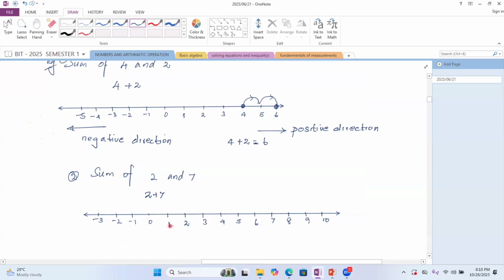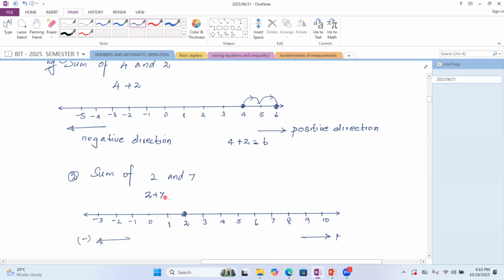This one. Right. So first we start from 2. Here is the 2. Then we move 7 units in the positive direction because 7 is the positive number. This one is the positive direction, this one negative direction.